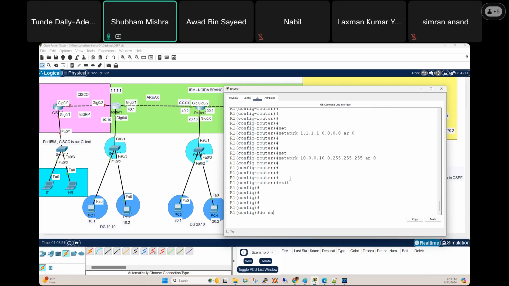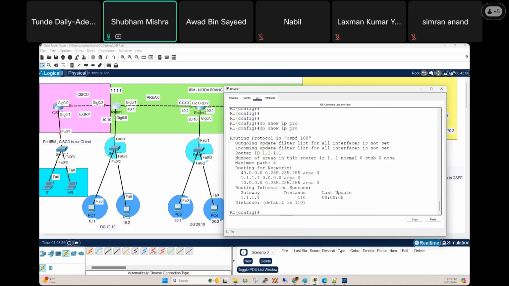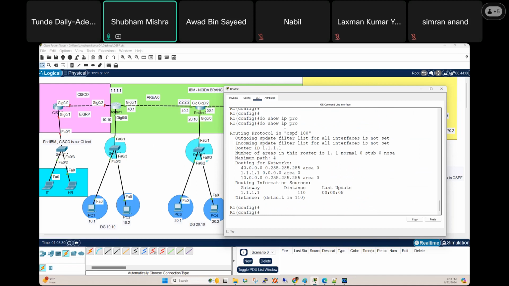I am writing show IP protocol. See, OSPF 100 is running here, and how many networks did we advertise? 40 network, 1 network, and 10 network. Yes or no? Yes. Everyone, now tell me, in this case which one will become the router ID? First, manual.